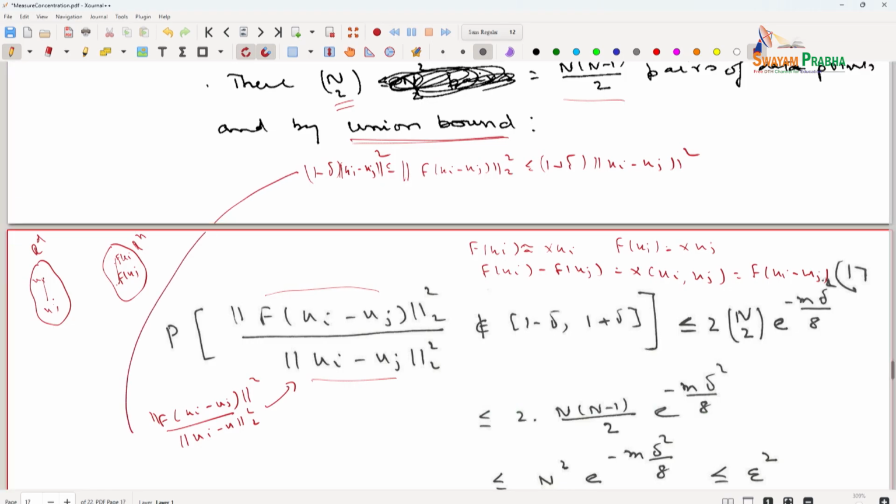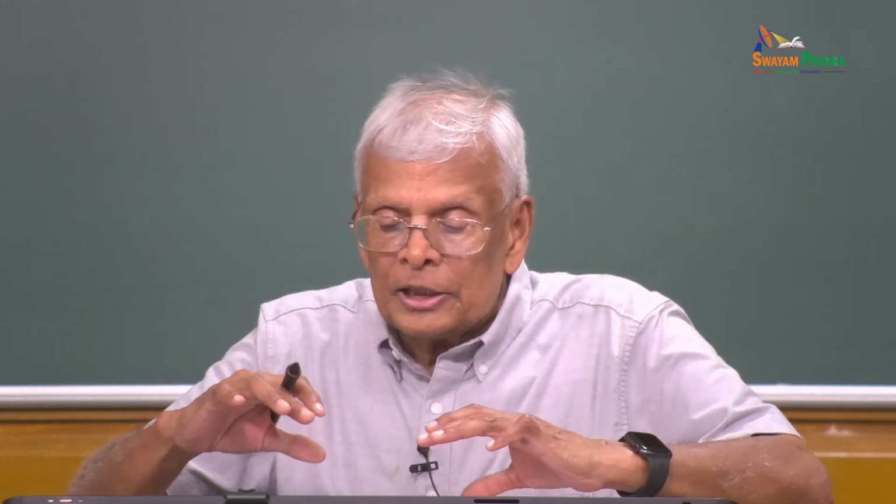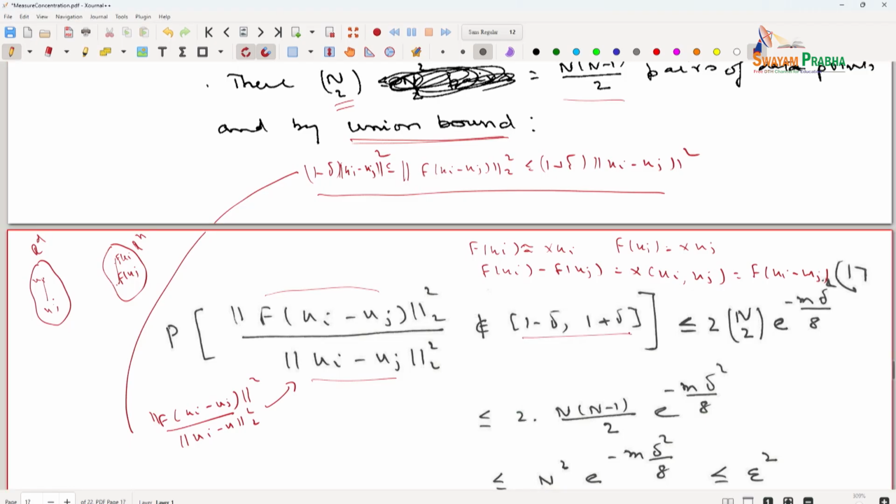So, the probability of that. Here I am interested in the probability that it is lying between 1 plus delta times and 1 minus delta times. So, if I want to be able to compute the tail, it is outside of 1 minus delta, 1 plus delta. So, please remember, this is 1 plus delta, this is 1 minus delta.